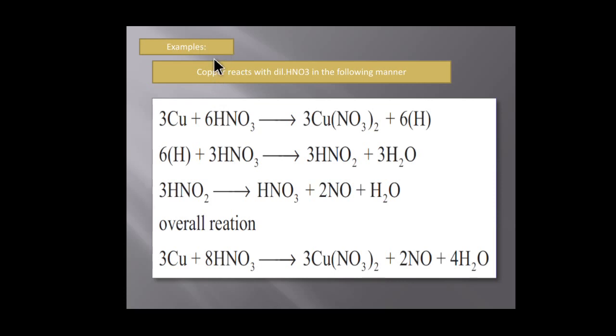For example, copper reacts with dilute HNO3 in the following manner. Copper reacts with HNO3 to form copper nitrate, which further reacts with nascent hydrogen to form HNO2, nitrous acid, and nitrous acid decomposes to form nitric acid. Is it clear?